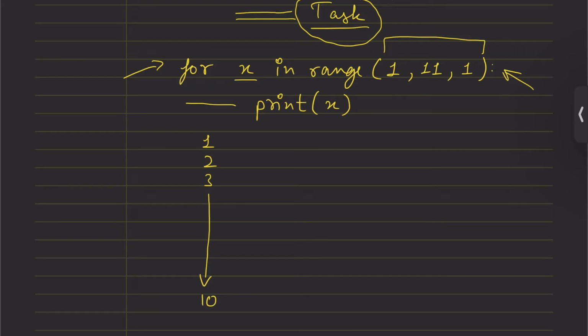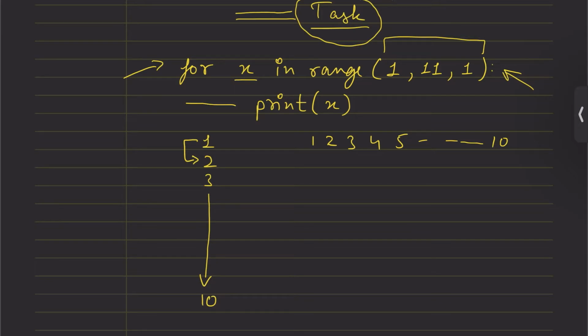So we have seen that we can print values on the next line. Here you can see that after every execution, when the loop is repeating, the value is being printed on the next line. What if I want to print numbers like this: 1, 2, 3, 4, 5, and so on till 10?